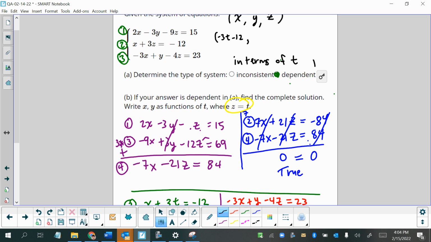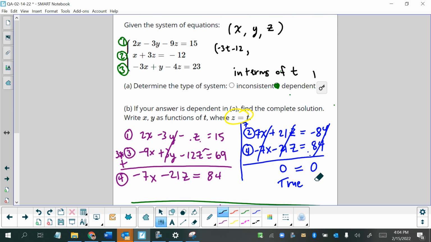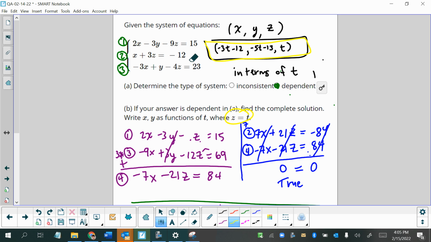Then for y, we had negative 13 minus 5t, or minus 5t minus 13. And for z, we have just t. So this right here should be our final answer. Okay, I just paused it to double check, and yep, that is it. That is our final solution for this problem.